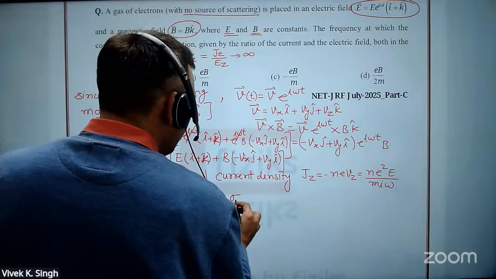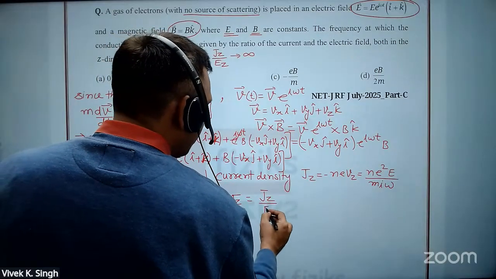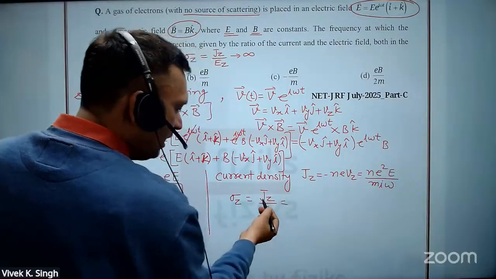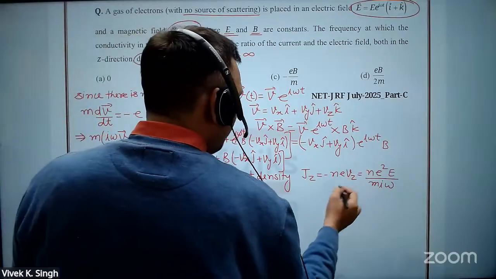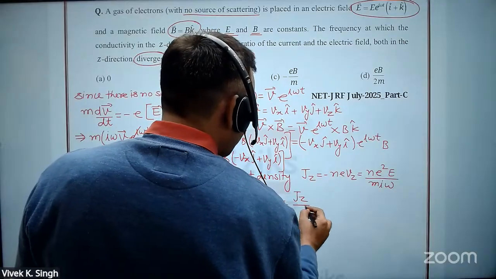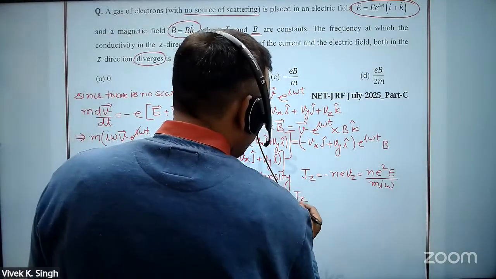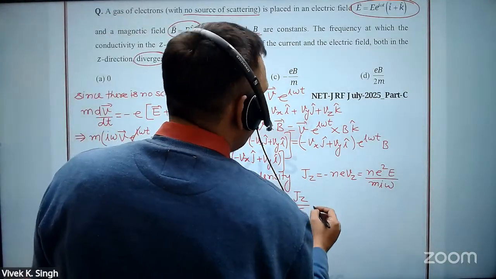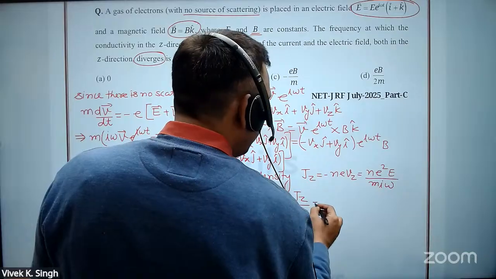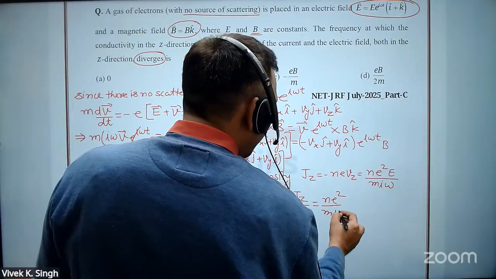Now sigma z I am writing as Jz by Ez. So I am writing the magnitude only. If you divide it by Ez, which is E, let's write the magnitude. That will be for Z component only. So this is Ne square by m iota omega.